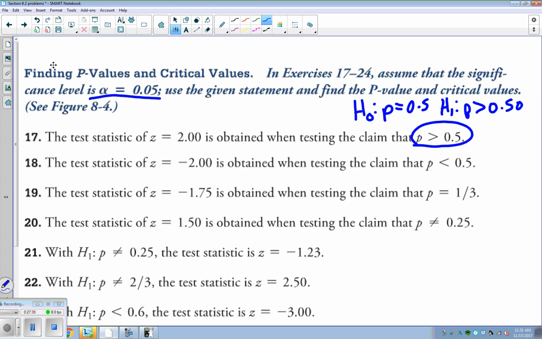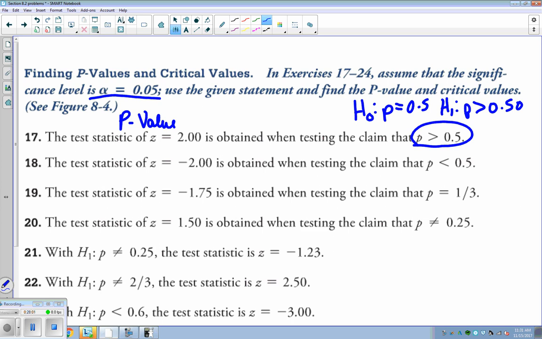So to find my p-value, and again, don't be sloppy in your work because the p's fly all over the place, right? You got p, which is a proportion of the population, p hat, which is the proportion of the sample, and now you have a p-value. Label, label, label.